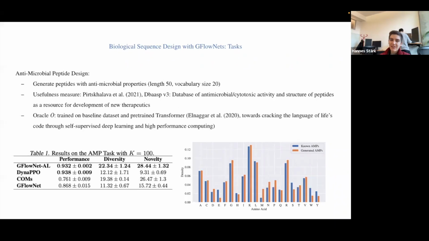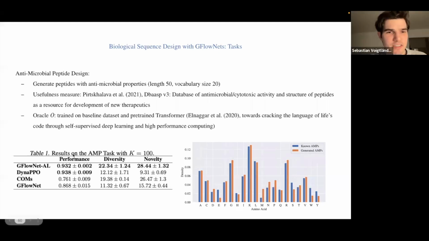Okay, that's good. And trained on baseline dataset and pre-trained transformer. Yeah, it's basically just a transformer, a protein language model that takes the sequence as input and spits out a single number. Good. Okay, nice. Then we see the results.